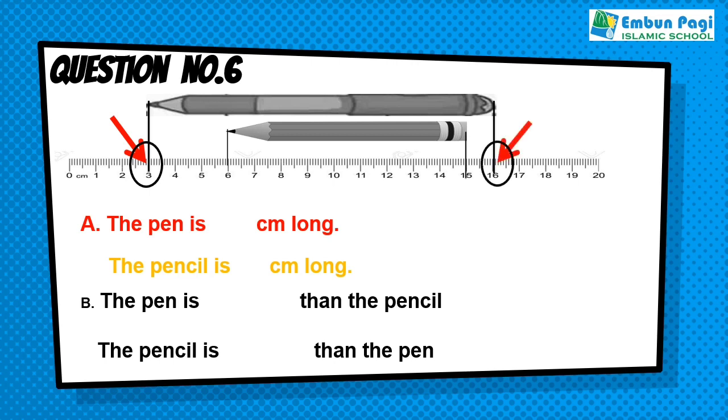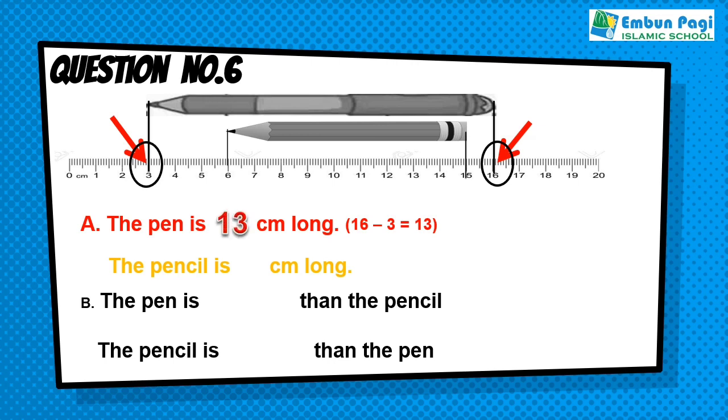Remember that if you have to measure the length of an object but it does not start from 0 centimeters, all you have to do is subtract the number at the beginning of the object from the number at the end of the object. Which means, for the pen we have 16 minus 3 equals 13. So the pen is 13 centimeters.